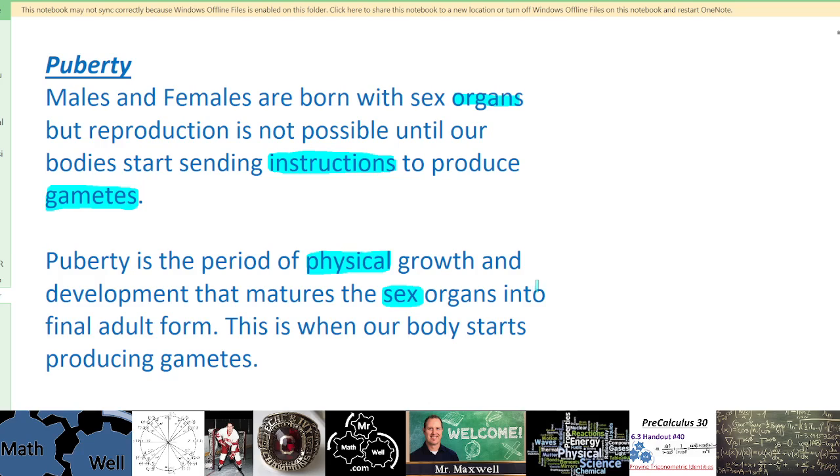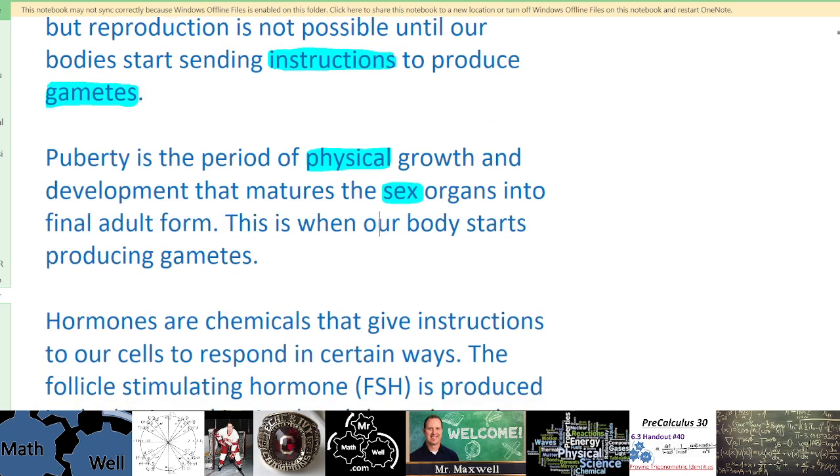It's the final maturing stage into the adult form of the sexually reproducing organs. This is when our body starts producing gametes. You are born with the equipment to reproduce, but it's not until puberty that the system starts to mature and be functional.